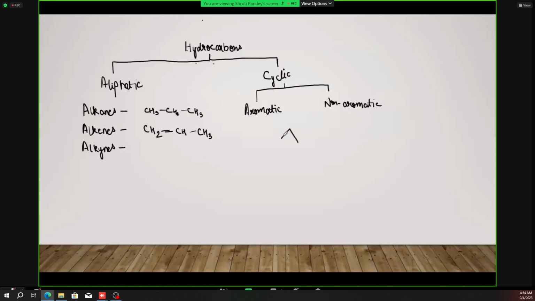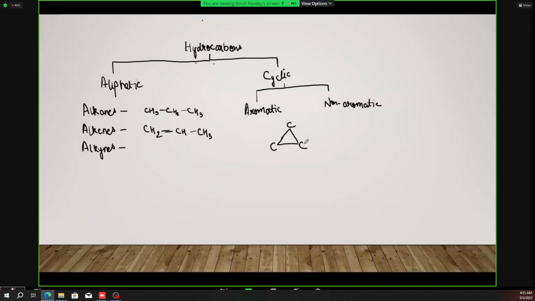So this is a cyclic hydrocarbon. It is cyclopropane. These are the carbon atoms over here. There are 3 carbon atoms, and the 2 bonds are here, and 2 hydrogen atoms are there for every carbon atom. So this is a cyclic hydrocarbon, but it is non-aromatic.